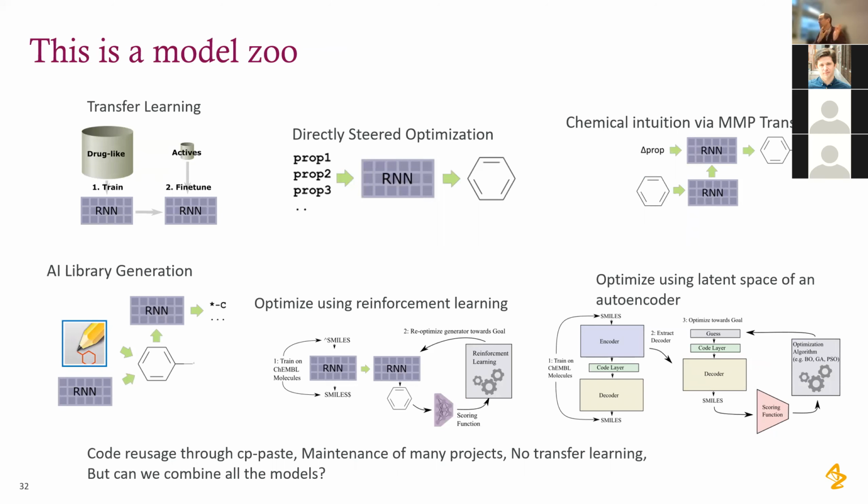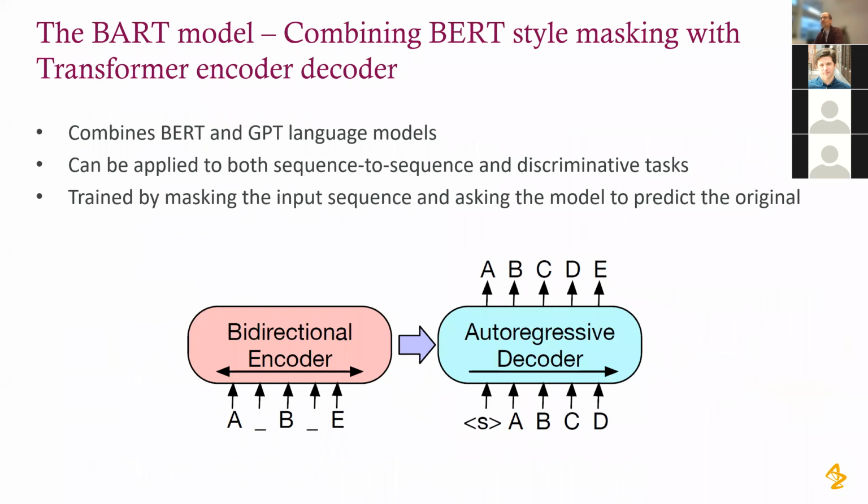They have been developed by various people that have been in our department over time. And there's really no transfer learning between the different models. They don't learn from each other. So is there a way we can combine all the models? And of course, this is a rhetorical question, and I will give you the answer over the coming slides.